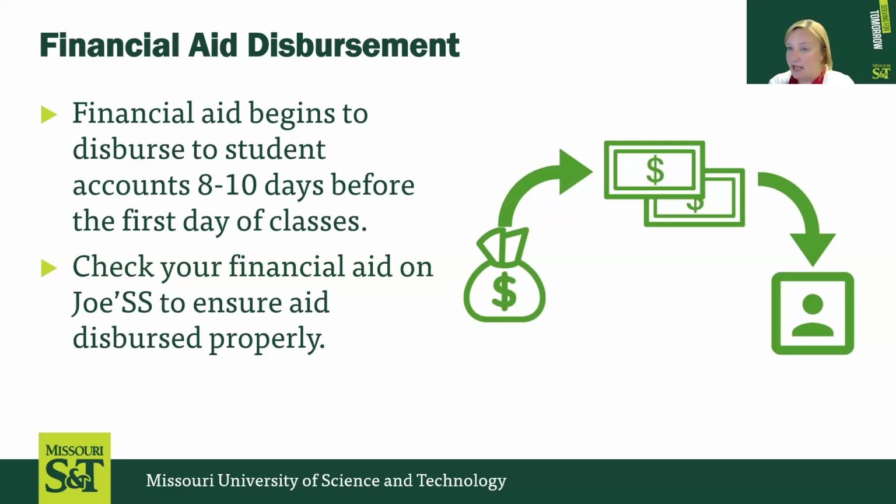We cannot disperse that until the state sends us the money, and that's usually the beginning of September. So it'll still count as anticipated aid, it'll still deduct from the bill, but it won't actually show up as a credit until early in September. The second piece of aid is any scholarships that are named. So if you've got a scholarship from a donor, we have a thank you note process that happens the first week of classes.